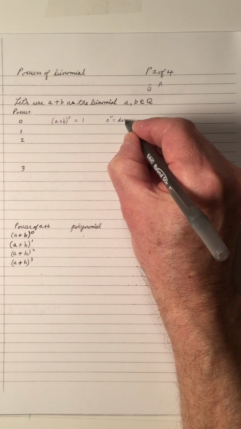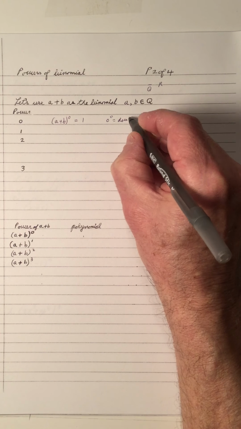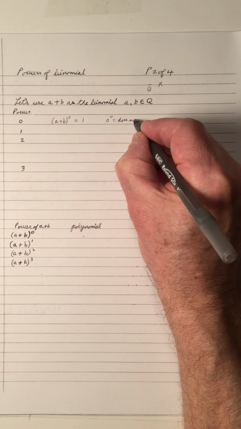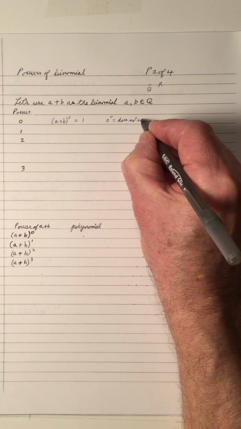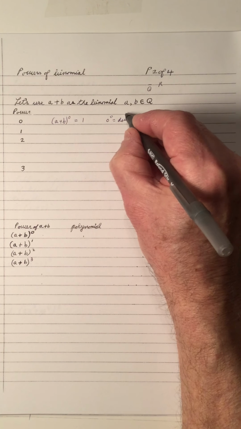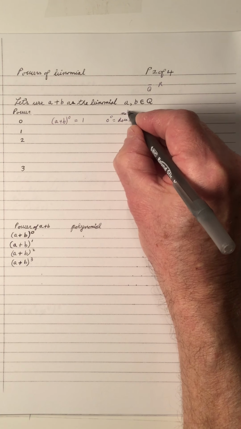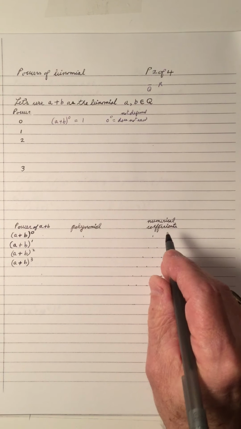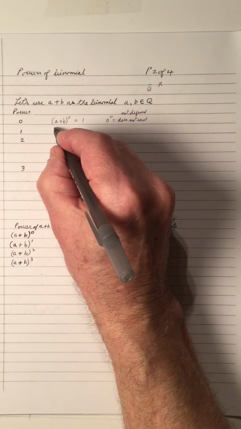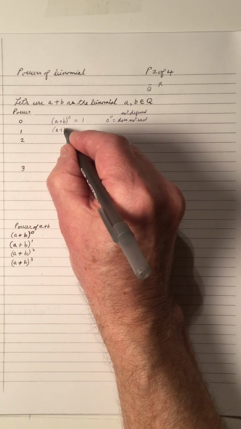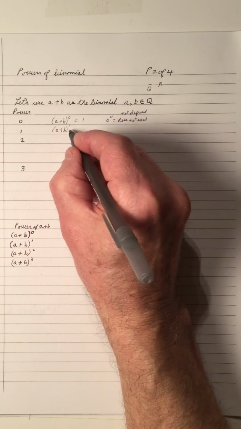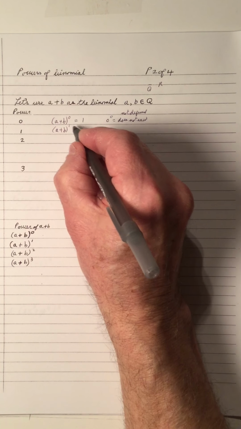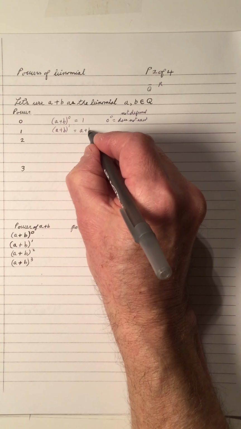It does not exist. You could say not defined, whatever way you want. And let's continue. What about a plus b to the 1 power? Well, a plus b to the 1 power, we get a plus b.